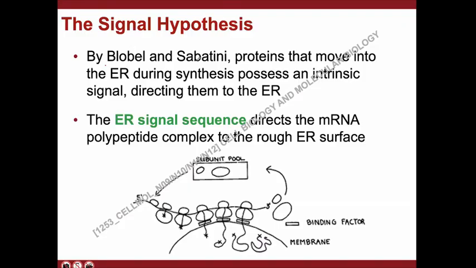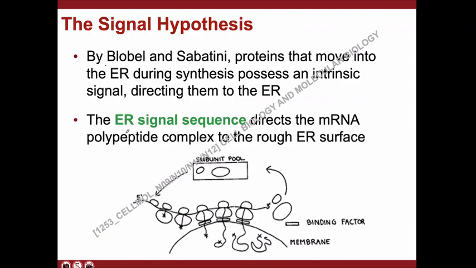Okay, so Blobel and Sabatini, in their signal hypothesis, proposed that for polypeptides that are destined for the endoplasmic reticulum, yung N terminus, di ba, of that will contain an ER signal sequence.